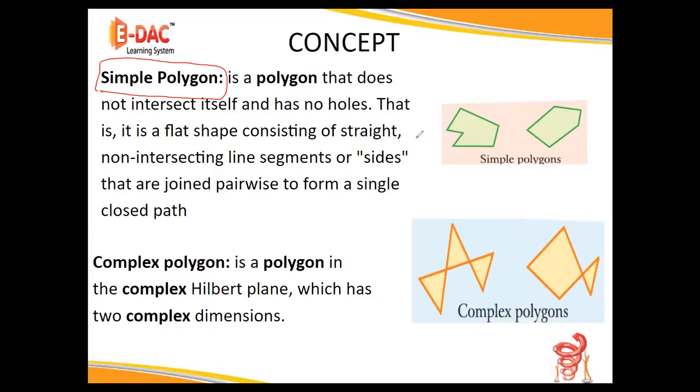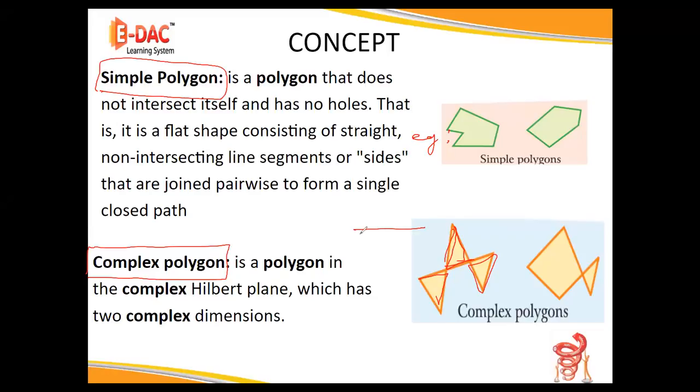For examples, you can see all the examples here. Next, complex polygon. What is a complex polygon? A polygon in the complex Hilbert plane, which has two complex dimensions. You see, this is one complex, this is one complex and this is one complex. It is also formed by line segments.